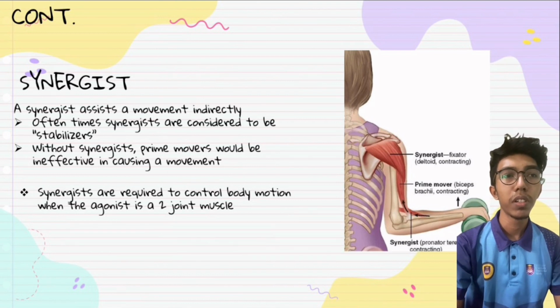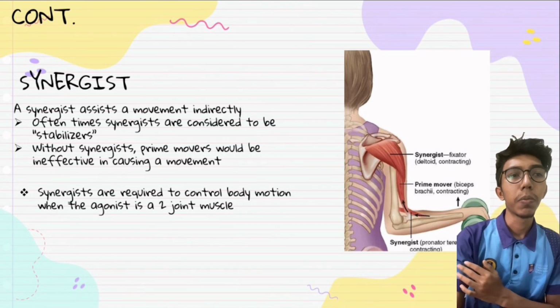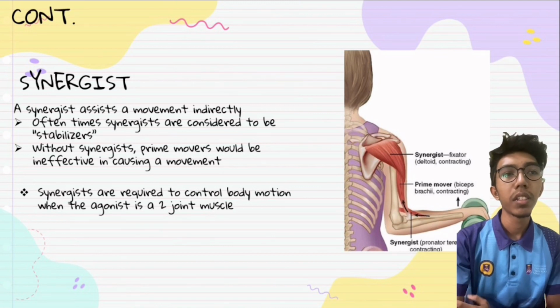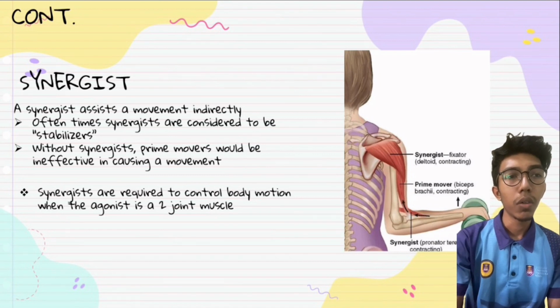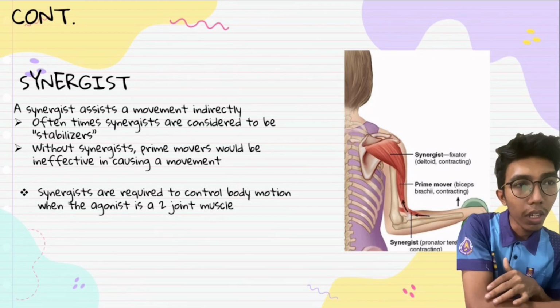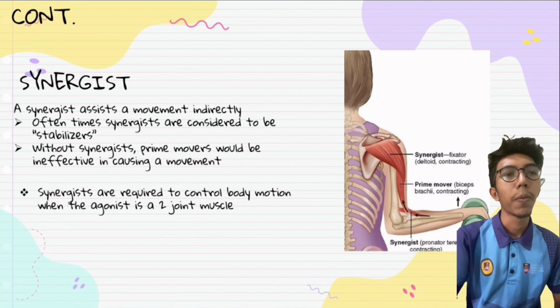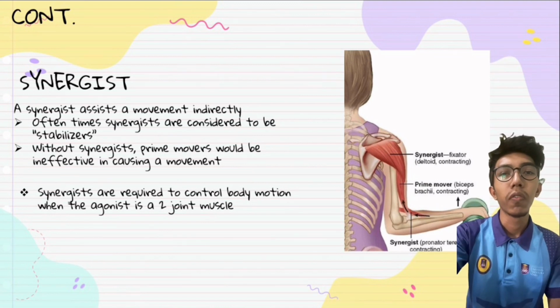As you can see in the image in the slide, the prime mover is the biceps brachii and the synergists are the anterior deltoid when contracting, and the other one, the pronator teres, which is also in the contracting movement. So that's all from me.